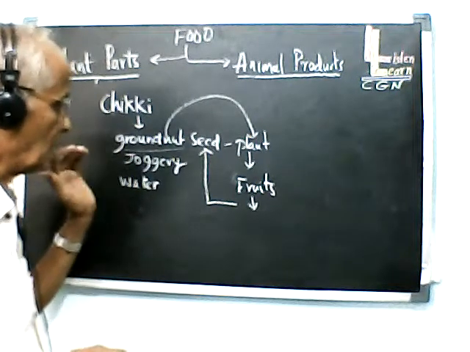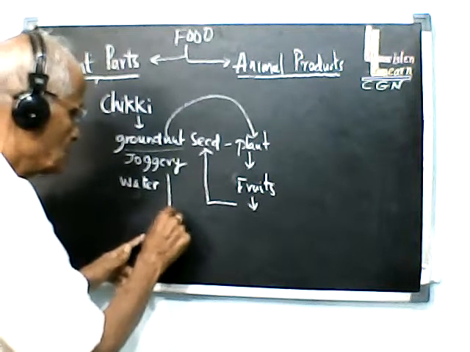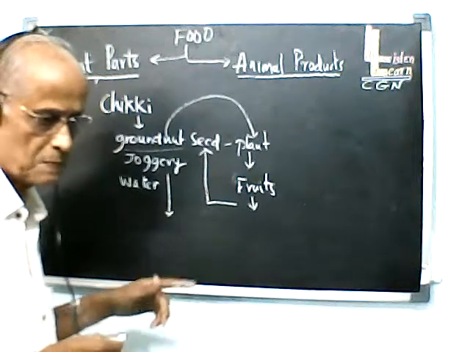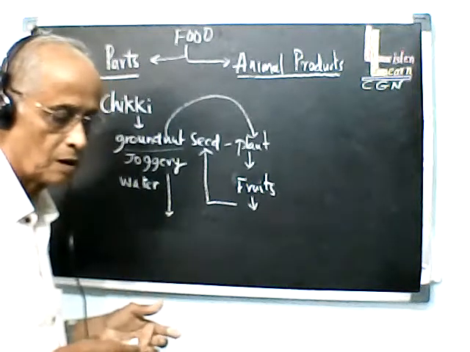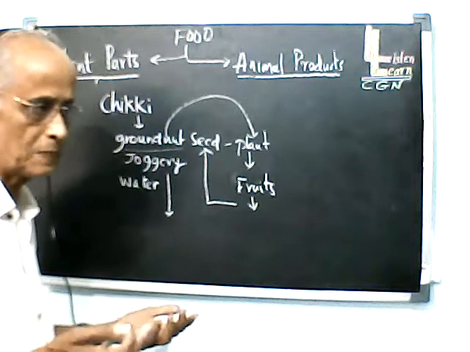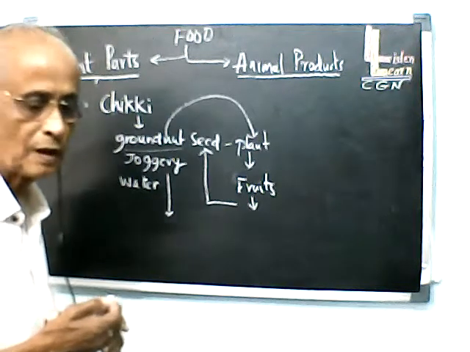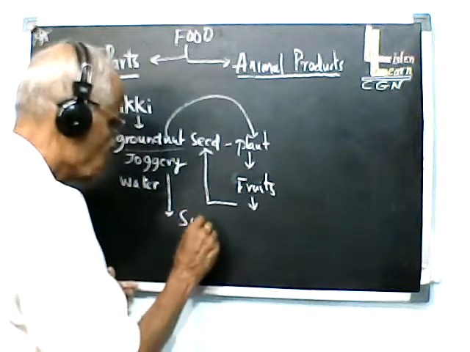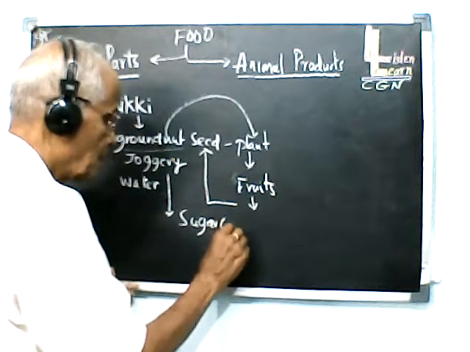Like that. Now let's think of jaggery. You know jaggery? It's called bella in Kannada, right? Which plant produces jaggery? Okay, I will tell. It is sugarcane plant.